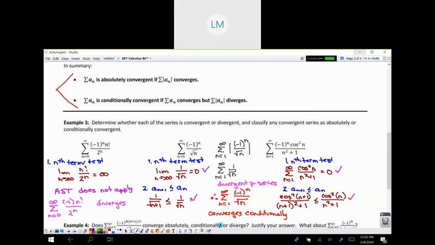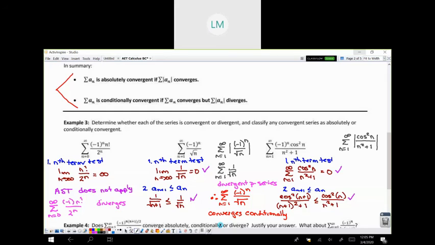So now let's look at the absolute value. I'm sorry, there's just not enough room here to do this well. Remember, I can get rid of that negative 1 to the n, so we have the absolute value of cosine squared n over n squared plus 1.